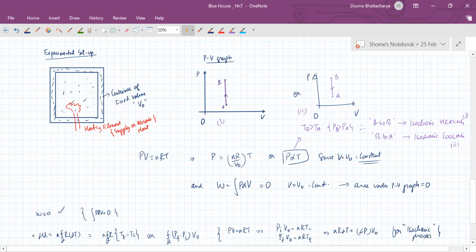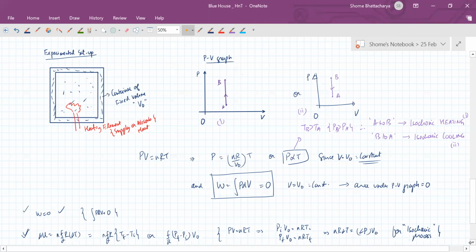So the second one becomes our definition of change in internal energy. The first one we already saw, the definition of the work done, that is 0. So now note down this delta U formula.